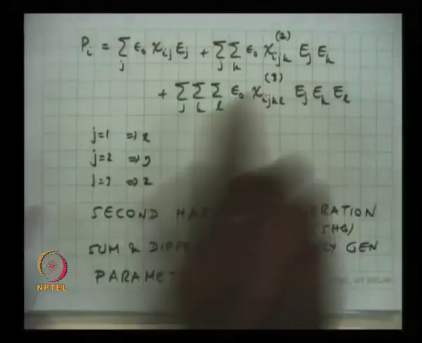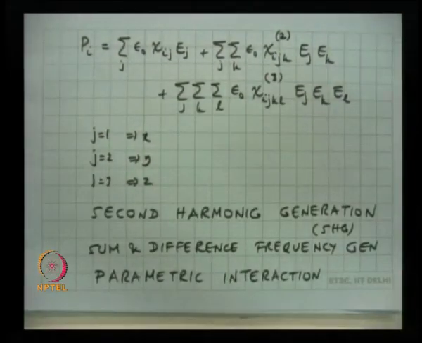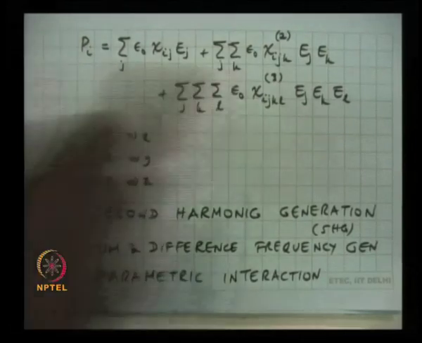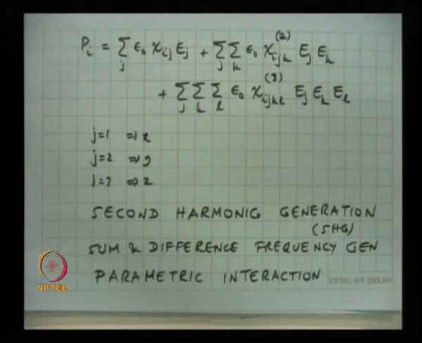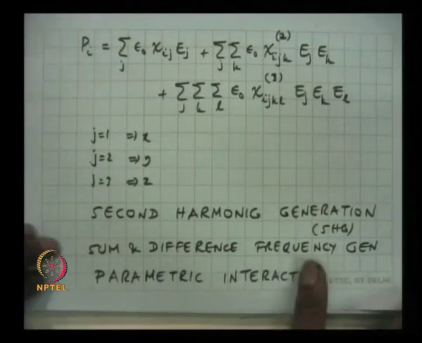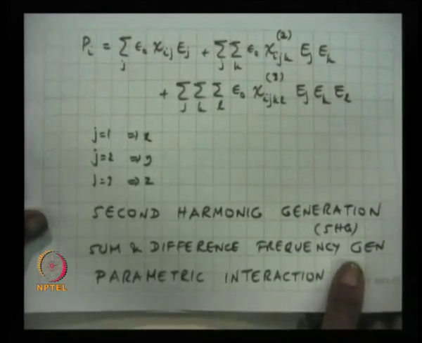We will use some interesting concepts of contraction of indices and reduce these 27 elements to 18 elements, and as I will show you, many elements are 0 in materials. And starting from this equation, we will go back to Maxwell's equations and analyze the problem of generation of second harmonic. Okay, is there any question?